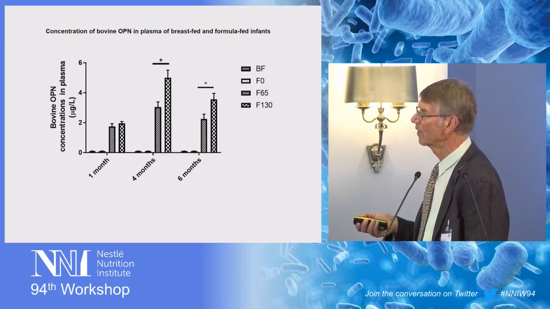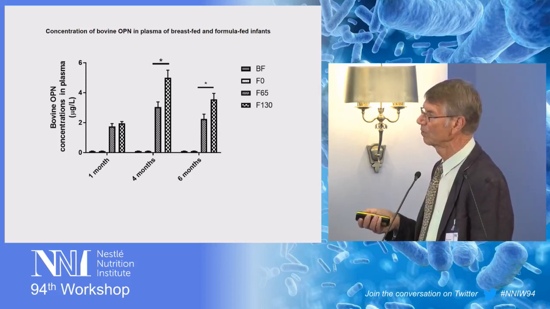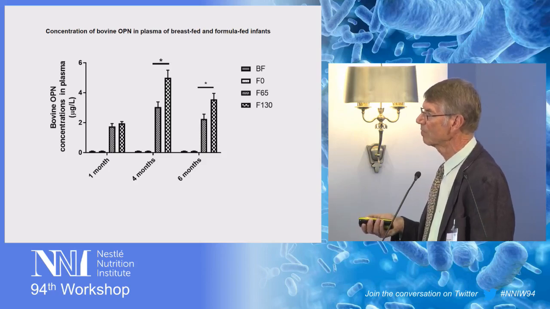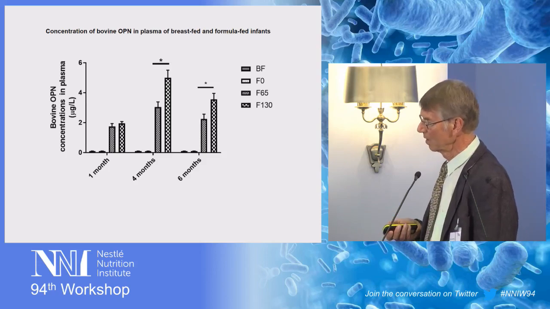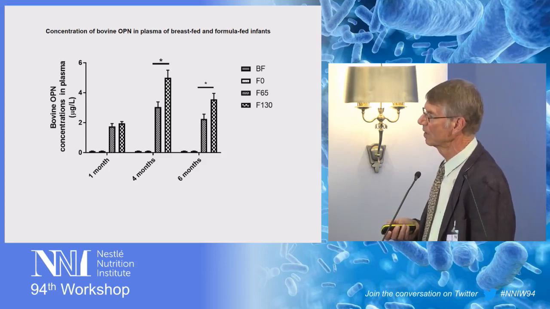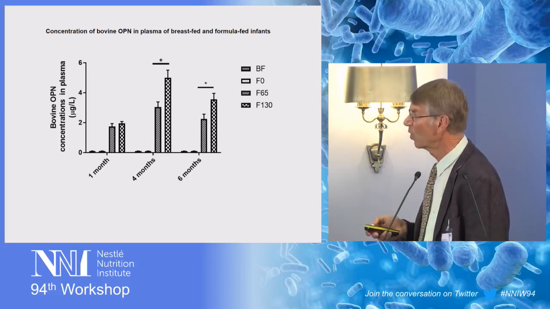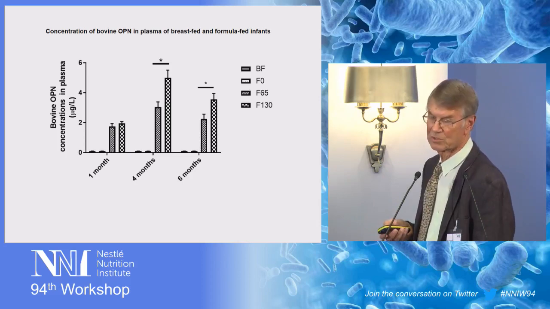These levels of bovine osteopontin are considerably lower than those of human osteopontin, but it shows that certainly there was absorption of the bovine osteopontin, and we know that bovine osteopontin enters the enterocyte. We've done confocal microscopy. So some of the bovine osteopontin goes into the systemic circulation.